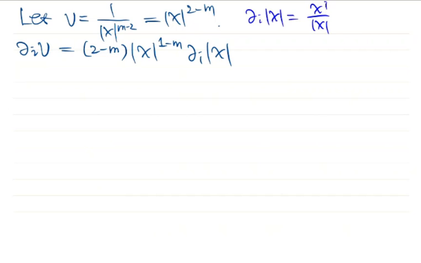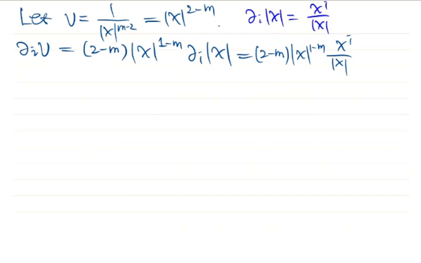Using this result, we continue this computation to get 2 minus m, norm of x to the power minus m, then xi.